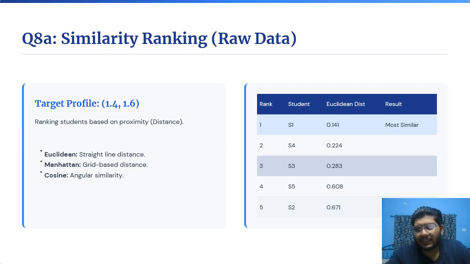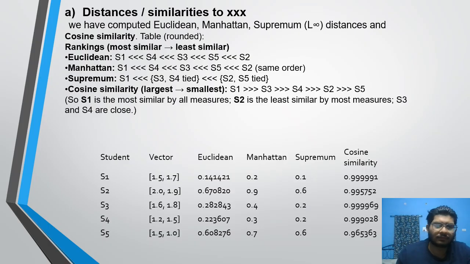You can see the smallest distance, the most similar, from 1.4, 1.6 is 0.141, and then the other distances go higher. Now, how did we calculate the distance similarity? We have computed Euclidean, Manhattan, supremum distances and cosine similarities.